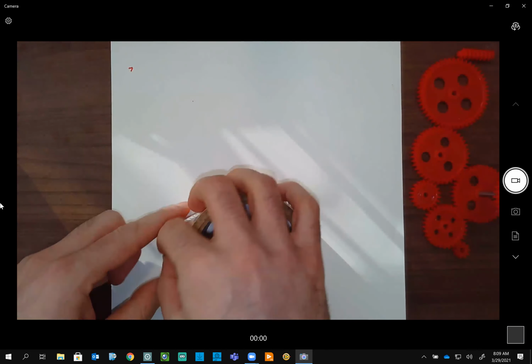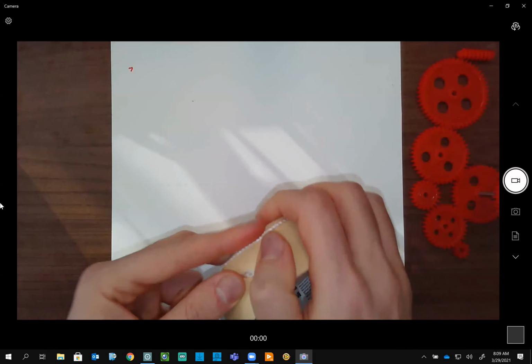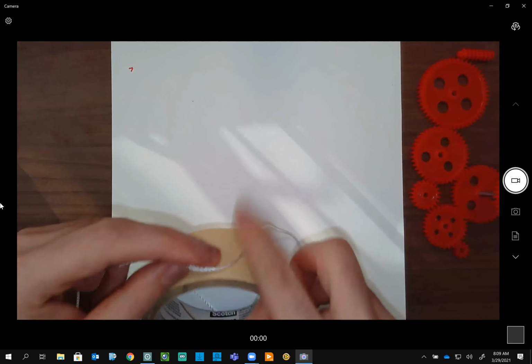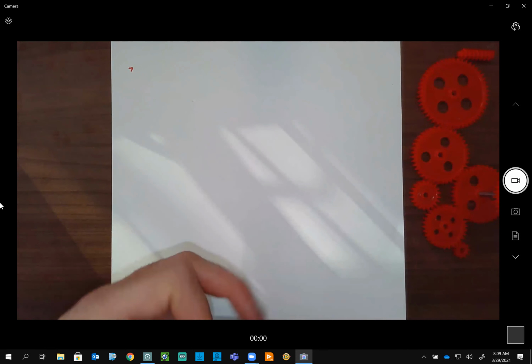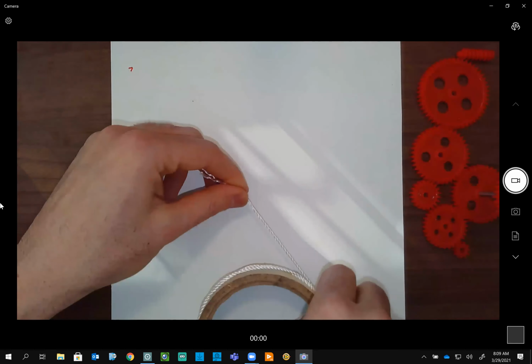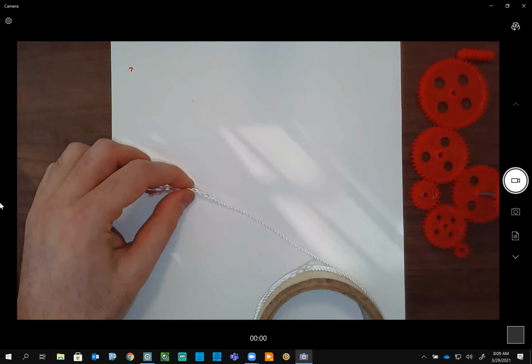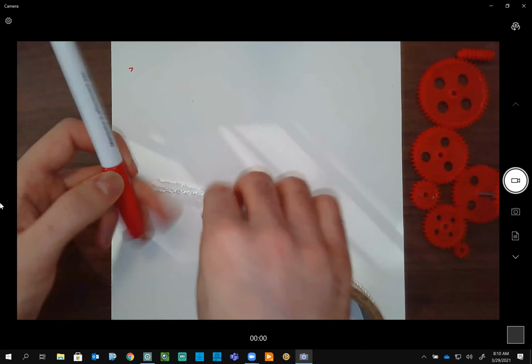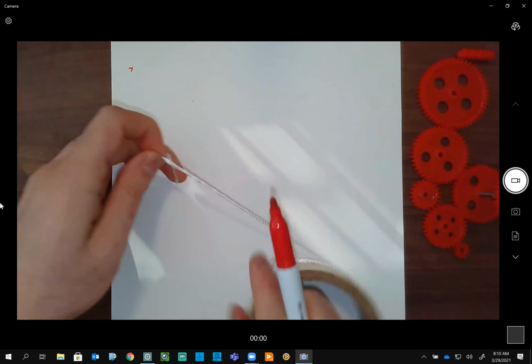Let me wind this around this cylinder. For lack of better tooling, we'll just use this one. Okay. And then maybe I attach a marker to one end of it.